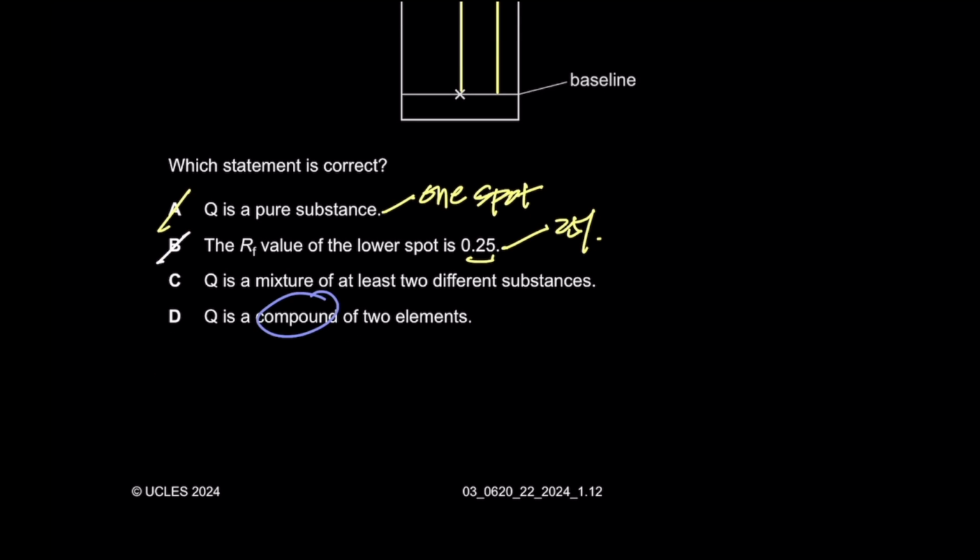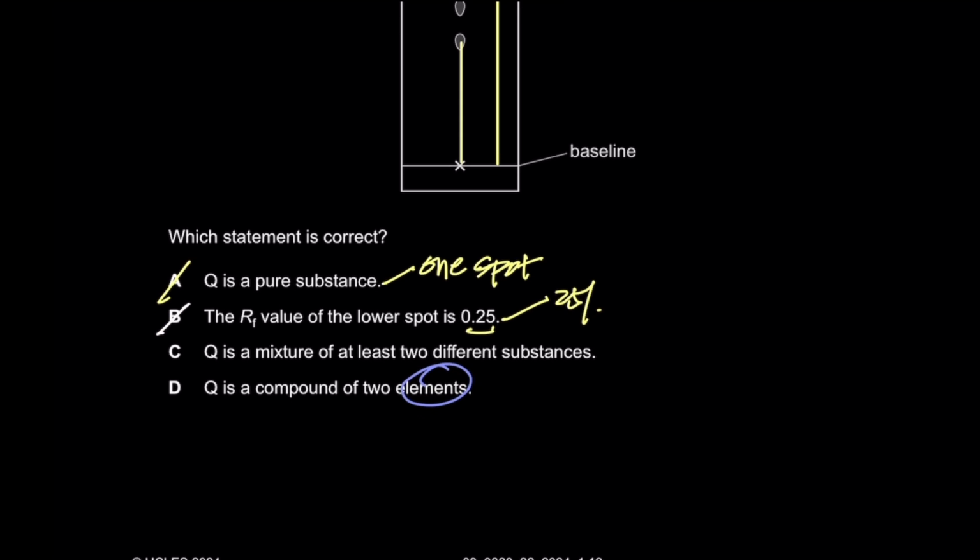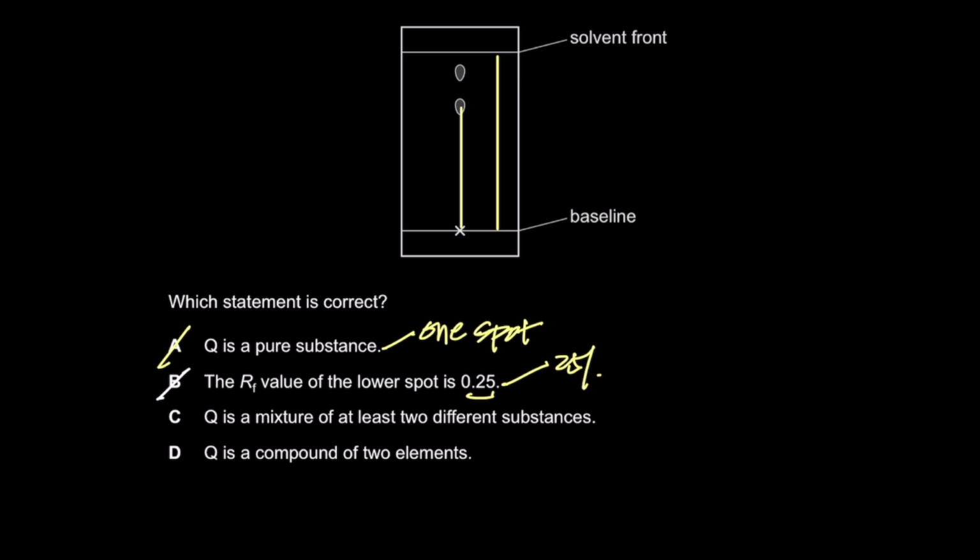Q is a compound of 2 elements. Yes, that might be true, but why did I make such a huge issue out of it? It may be, but remember, it's not necessary. In this particular MCQ, the question is trying to imply that this compound has 2 elements because there are 2 spots.